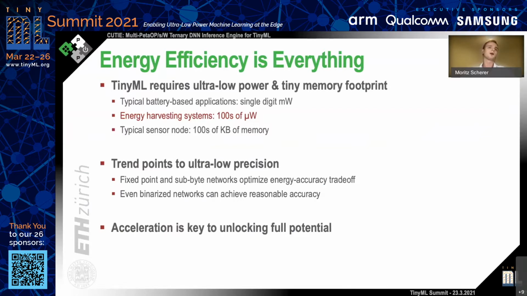Some have even talked about binarized networks, and we've seen that we can optimize the energy accuracy trade-off by using fixed point and sub-byte networks, and even go as low as binary neural networks. But for all of them, the key to really making the most of this lower compute complexity is proper acceleration, which is the topic of my talk today.